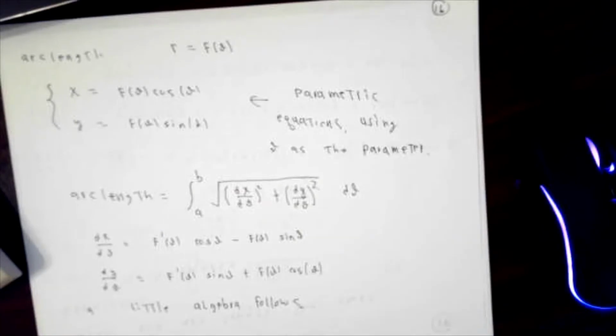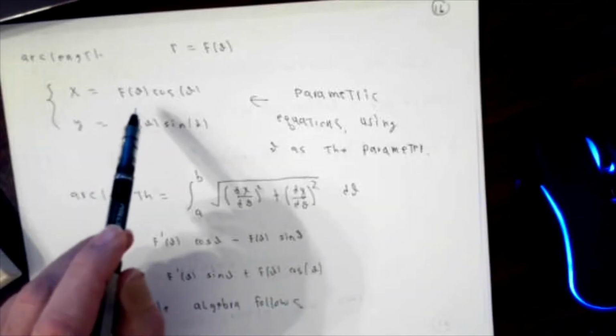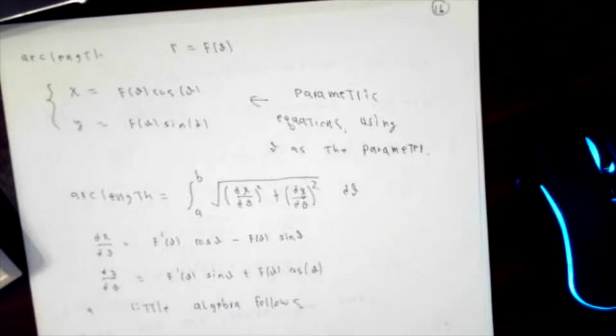I've got to do some calculating here. I've got to calculate the derivative of x with respect to theta. f depends on theta. Cosine theta depends on theta. So do the product rule and calculate dy d theta at the same time. We'll come back to this at the end to get our slopes of tangent lines.